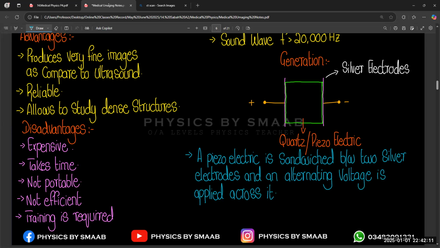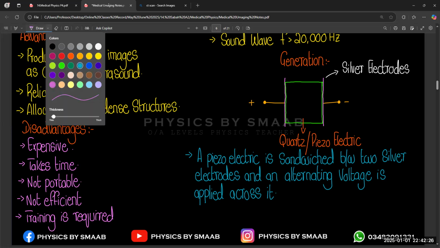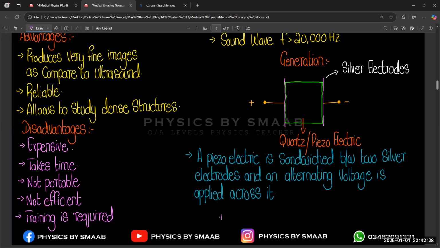So let's suppose we are using positive on the left-hand side and negative on the right-hand side. In alternating voltage, we know that after every half cycle it changes direction, changes the polarity.